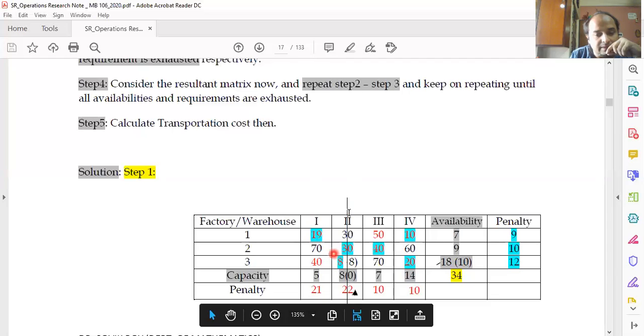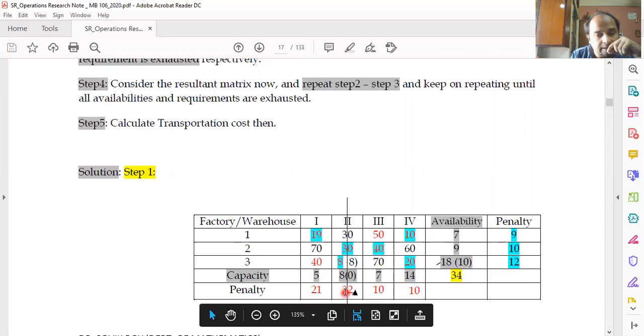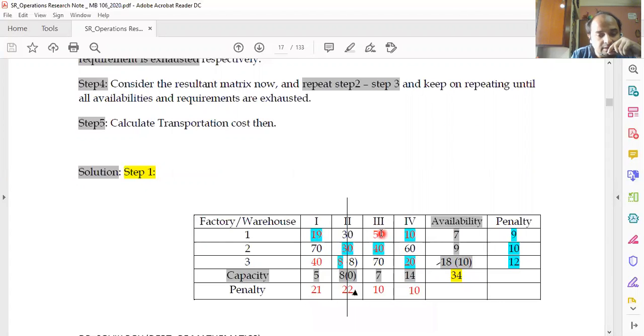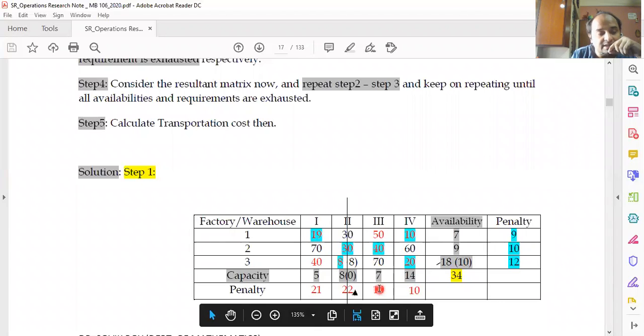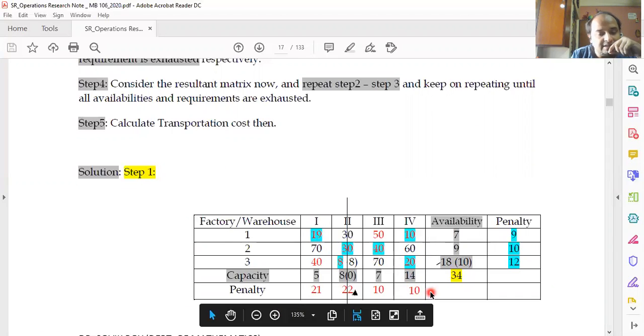In the second column the minimum element is 8 and the next minimum is 30, so their positive difference will be 22. In the third column, the minimum element is 40 and the next minimum is 50, so their penalty is 10. In the fourth column, the minimum element is 10 and the next minimum is 20, so their positive difference is 10. So all the column penalties have been calculated in this way.